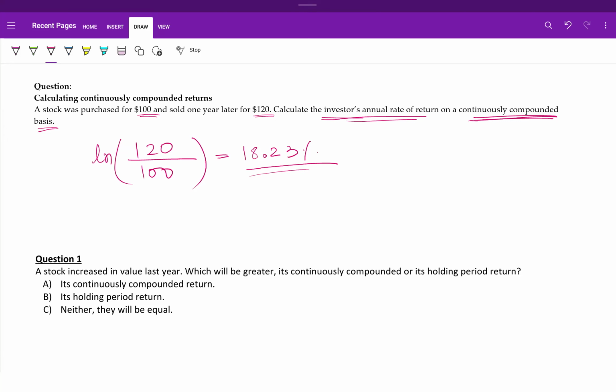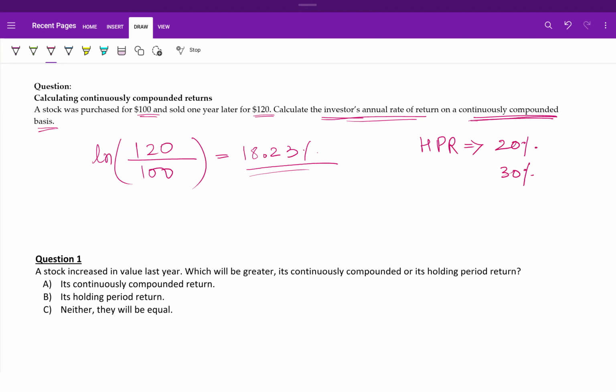Now, for example, let's assume the holding period return was given to us, say a 20% holding period return or a 30% holding period return. How will we do this in the calculator?